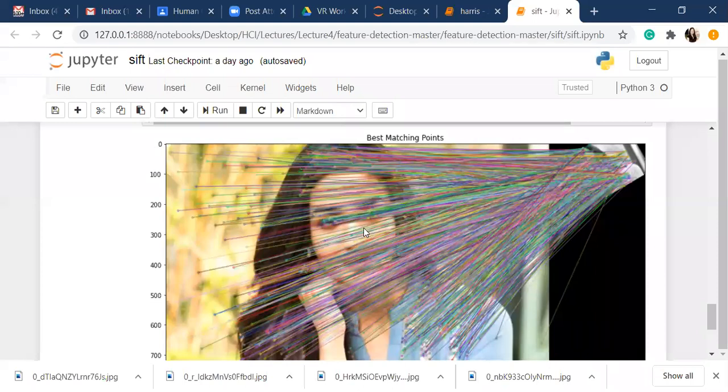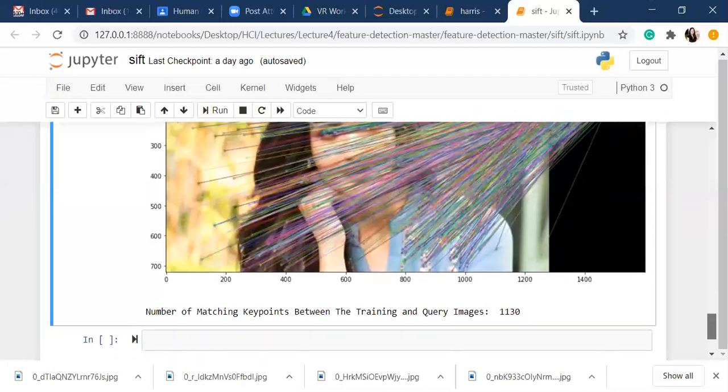So all of the features that you detected in the original image have to be matched with the testing image, the grayscale image. The number of matching key points between the training and the query, or testing, images is 1130.